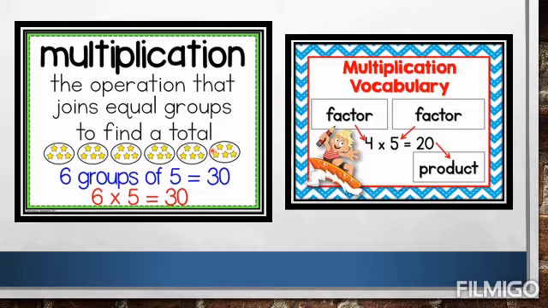As you see here, in the other frame, we have the multiplication vocabulary. We're going to identify here, class, the parts of multiplication. We have here an example of a multiplication sentence: 4 times 5 equals 20. The 4 and the 5, class, are called factors.